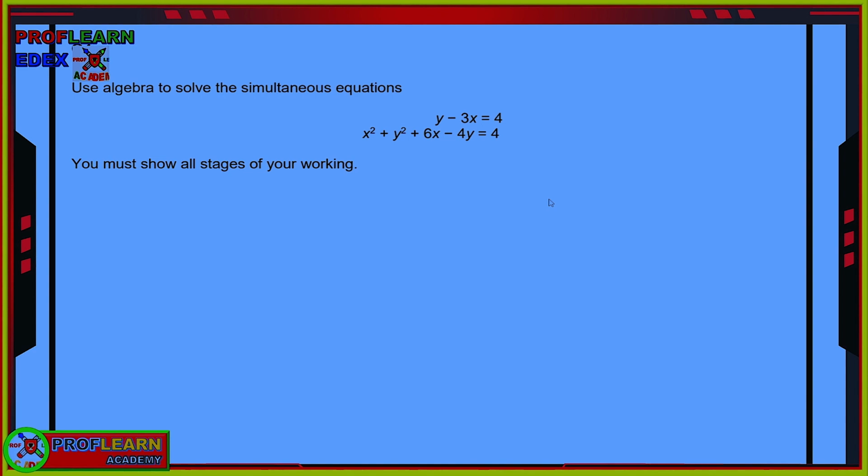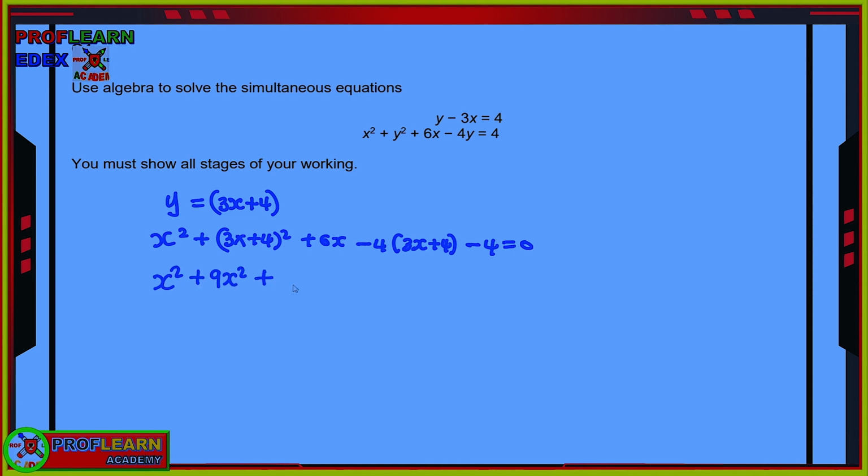So we're going to solve simultaneous equations that involve a linear and a quadratic. Anywhere we have y, we're going to substitute 3x plus 4 into this quadratic that is down here, which means we are going to expand and put the like terms together, and you realize that we are going to have a quadratic in terms of x.